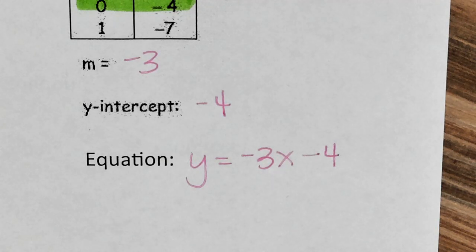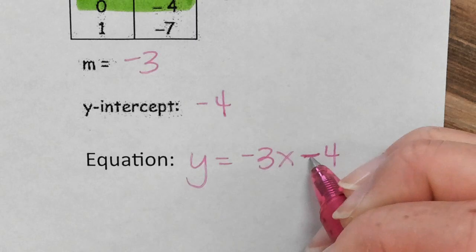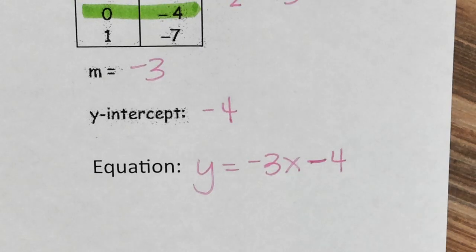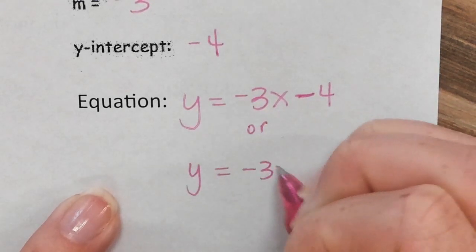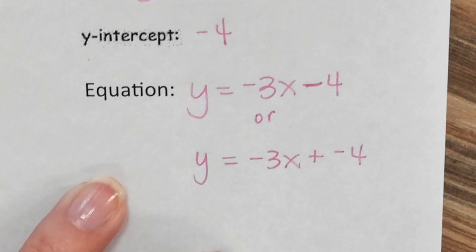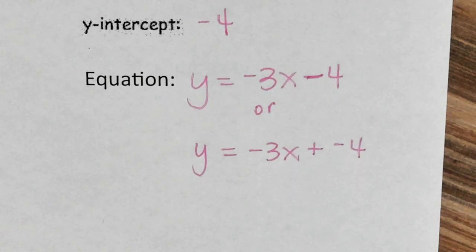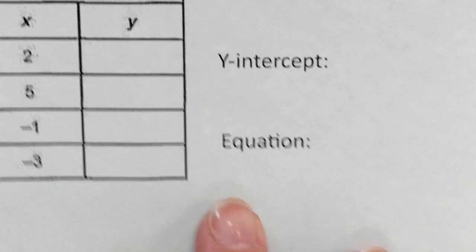Yes. Why? Because this is assigning a negative value to the 4. So you could write it like that, or y equals negative 3x plus negative 4. They are both the same thing. Yes? Okay. Go down to this one.